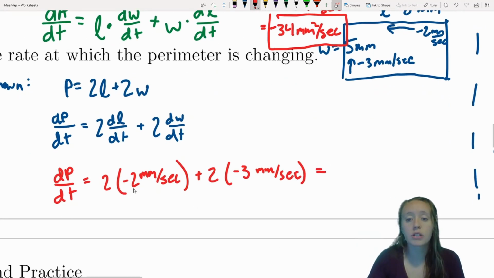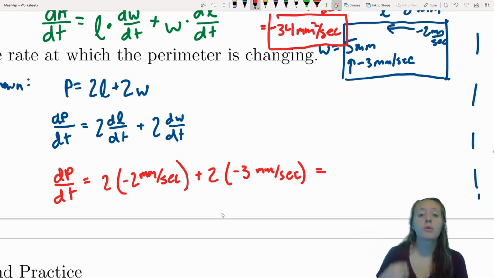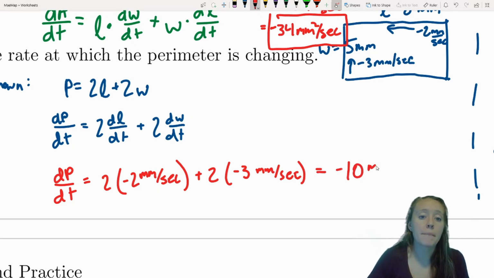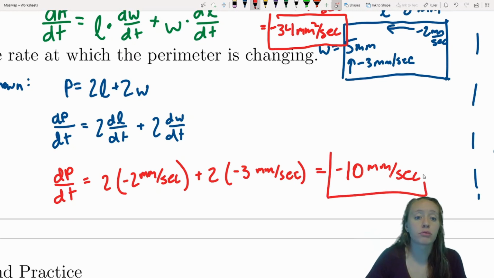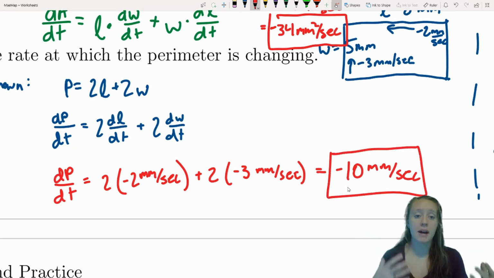Solving this out, 2 times negative 2 is negative 4, plus 2 times negative 3 is negative 6. Negative 4 plus negative 6 is going to give me a negative 10 millimeters per second. That is how fast the perimeter is changing with respect to time. It's decreasing at a rate of 10 millimeters per second.